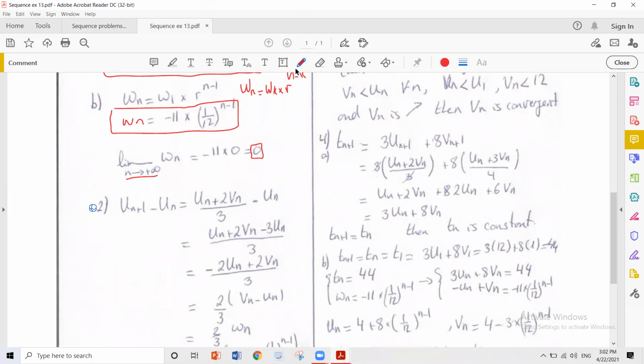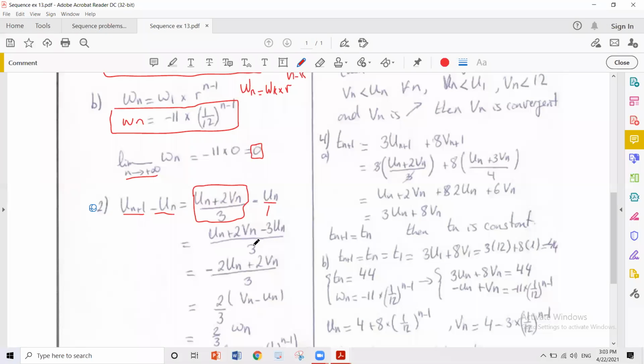So to prove Un is decreasing, I have to study the sign of Un plus 1 minus Un. We replace Un plus 1 by its given value, (Un plus 2Vn) over 3, minus Un.